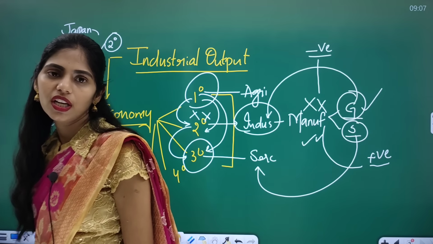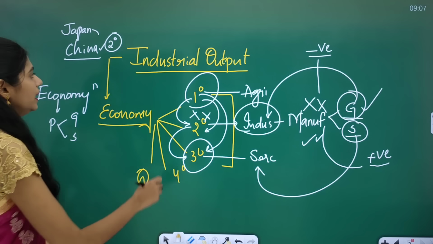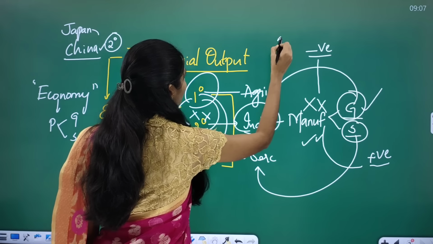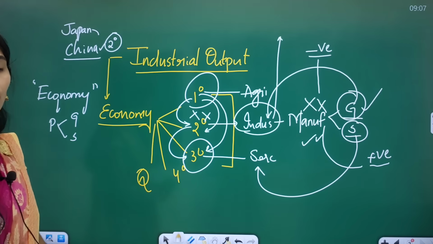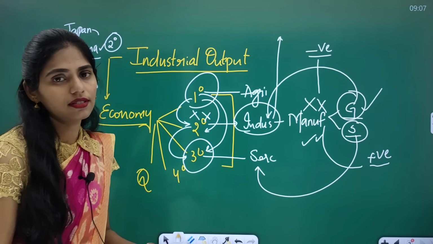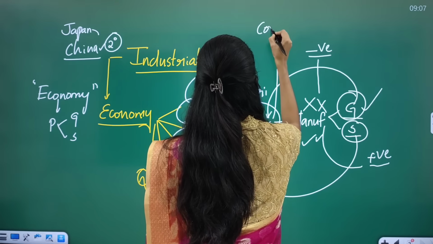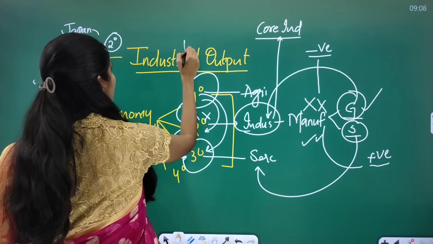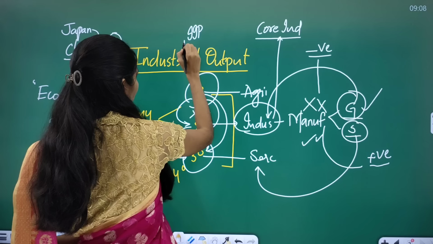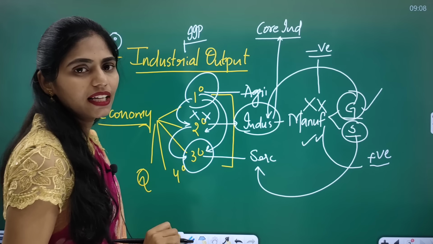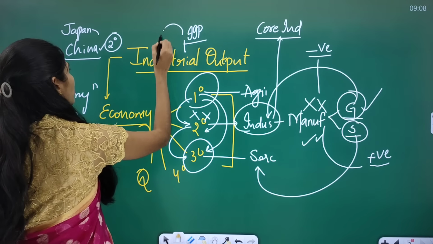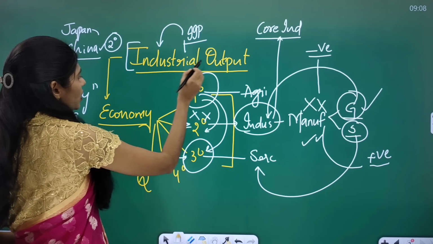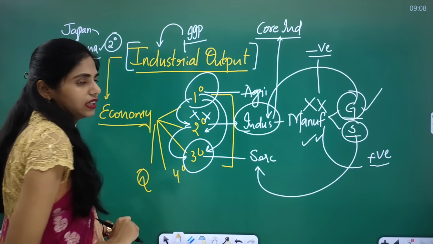Now here you have to see that in industries, we will be comparing the output of certain core industries. You have to see which are those core industries and what the Index of Industrial Production is. This index monitors and gives the data of industrial output in India. We have to see that.